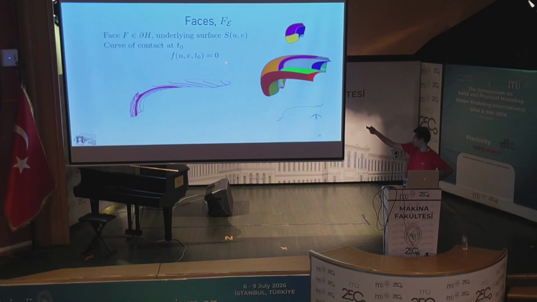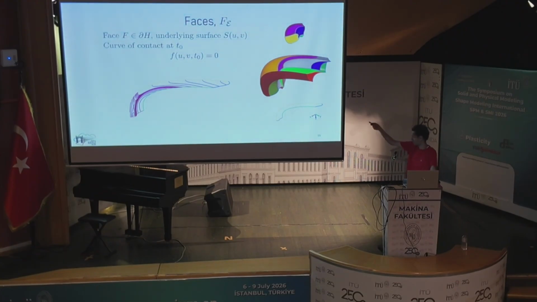So here you have one equation and two unknowns. So again, in general the solution is a set of curves, and again we solve this by the subdivision-based solver. In this example, you see that a few curves of contact have been computed, and they are shown by these magenta curves.